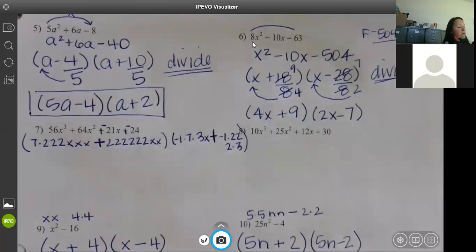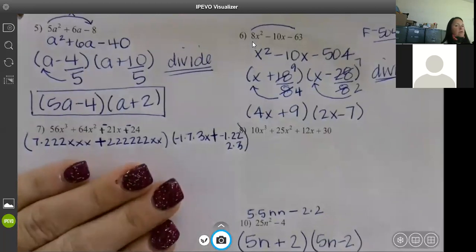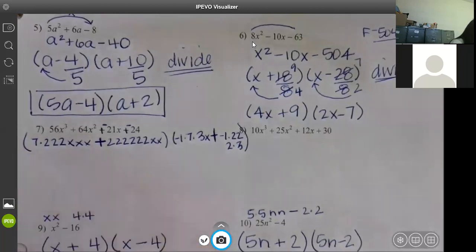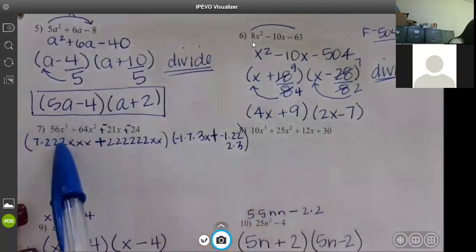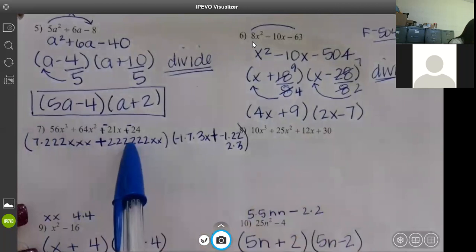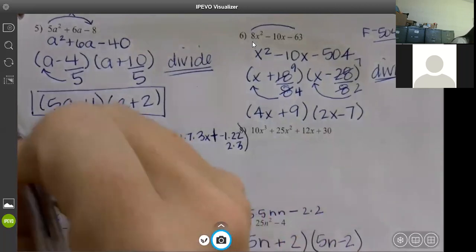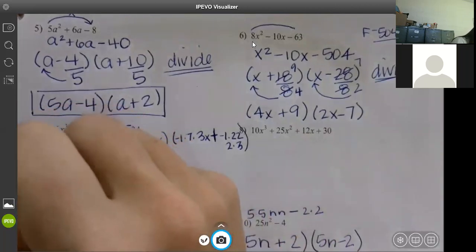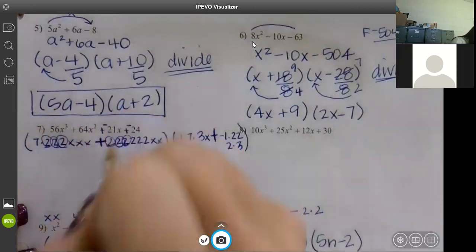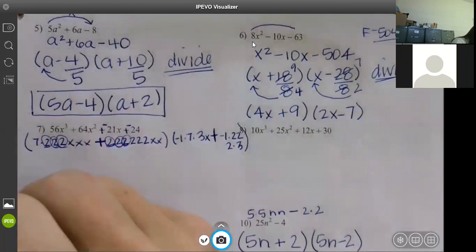Okay. Look at just the first two, or just the first parenthesis. Do they have a 7 in common? No. Do they have a 2? How many of them? 3. Do they have an x in common?